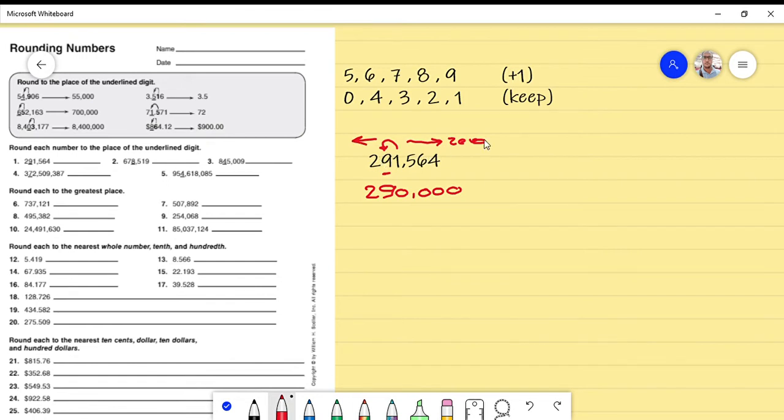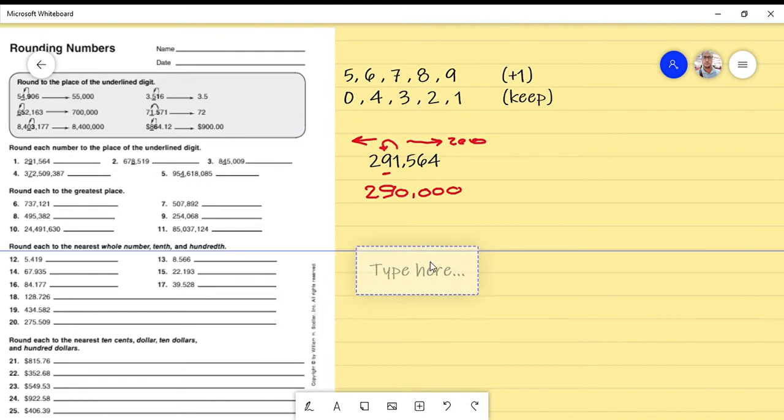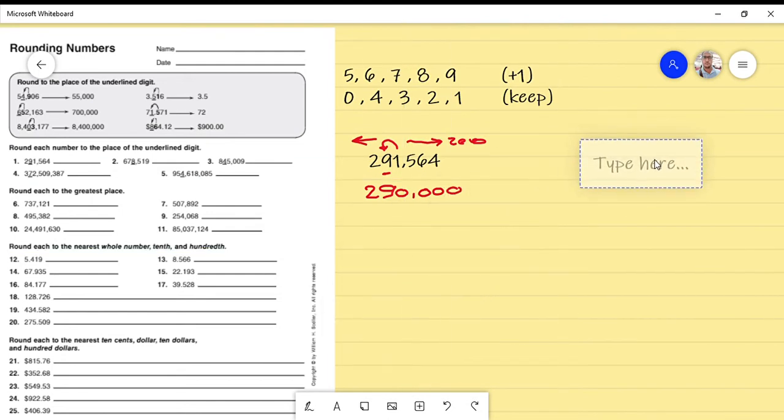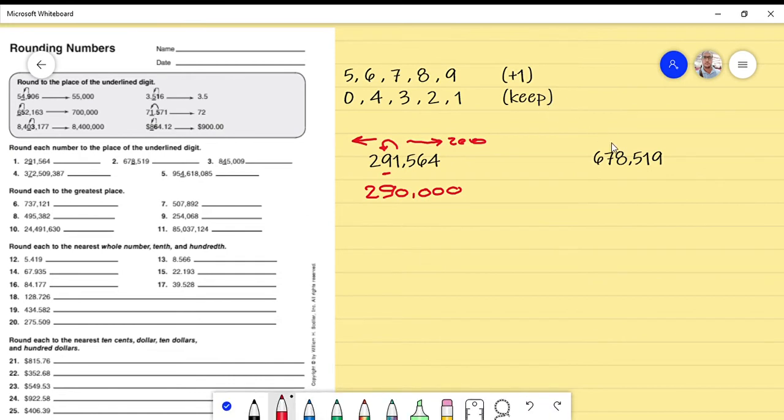Let's move to question number 2. Here is 678,519. The underlined digit is 8. The number just to the right of 8 is 5. It's a strong number, so it will round up.